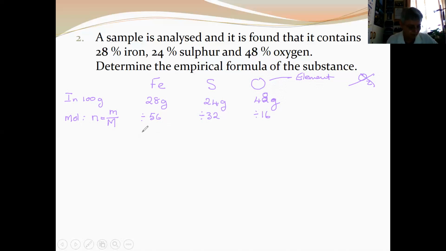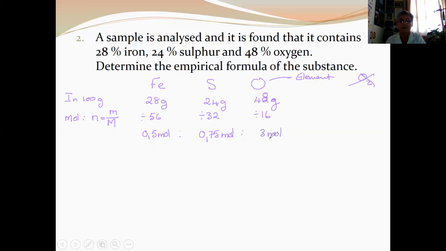Now, 28 divided by 56, I think, is 0.5 mole. And 24 divided by 32 is 0.75 mole. And 48 divided by 16 is 3 mole.